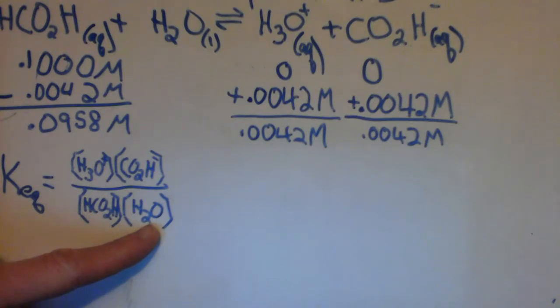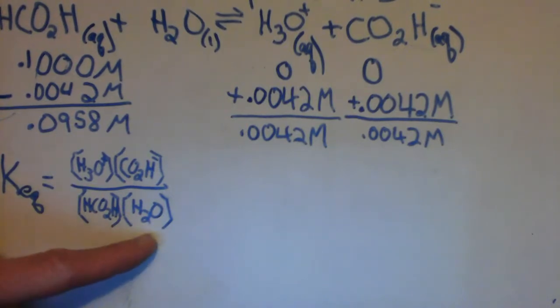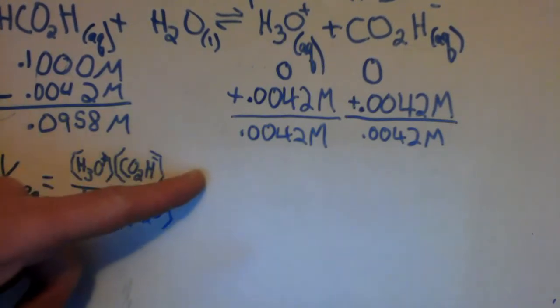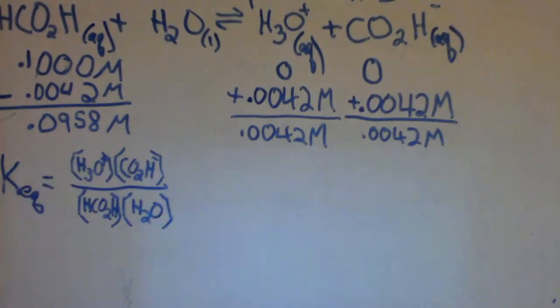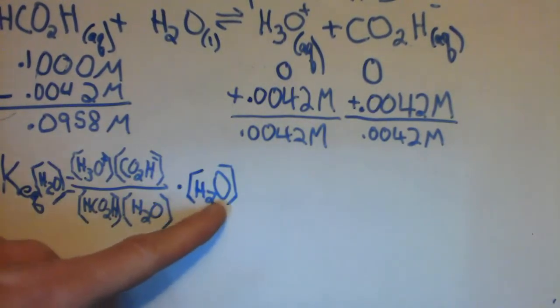And anything that's a constant has to be on the constant side of the equation. Therefore, we have to get rid of water on the bottom of the fraction, so we multiply both sides of the equation by water. Of course, water cancels itself out here.